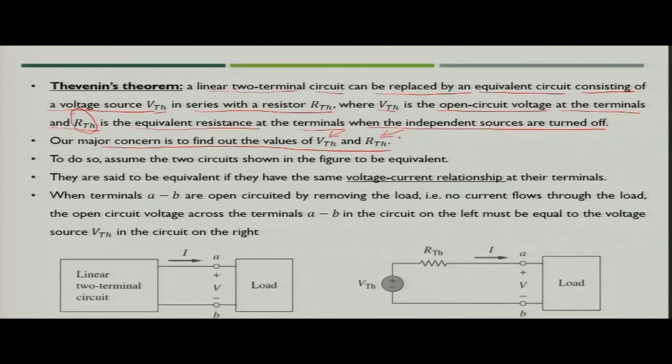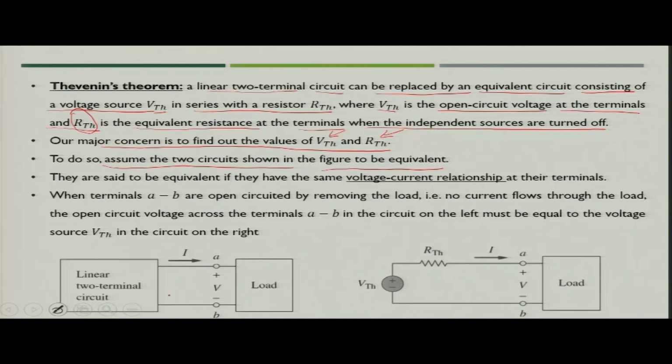If you recollect what we discussed about equivalent circuits, you can easily figure out how to calculate RTH. Assume that the two circuits shown below are equivalent.